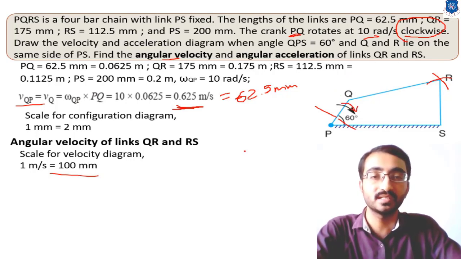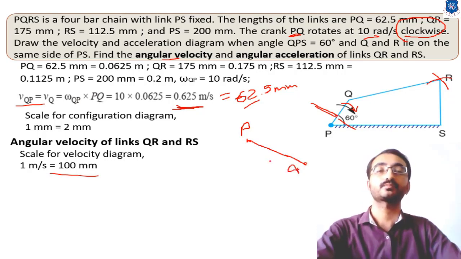So we have to sketch in such a way that if you locate point P here, your Q point will be perpendicular to this PQ, in downward direction, with the length of 62.5. So here you will get point Q.